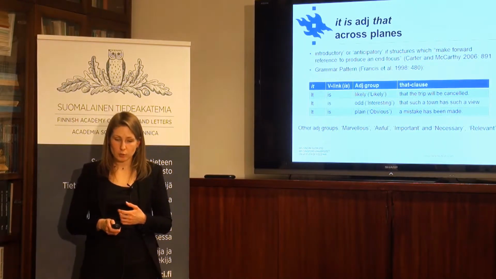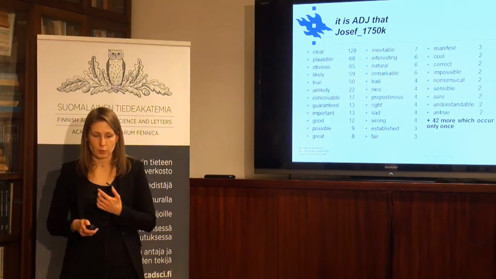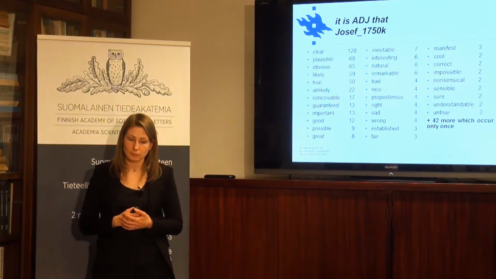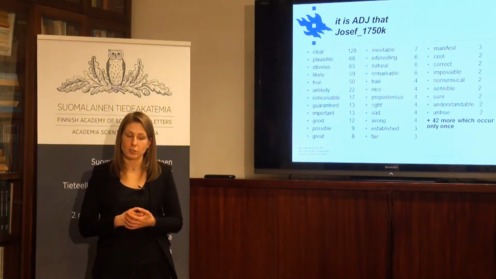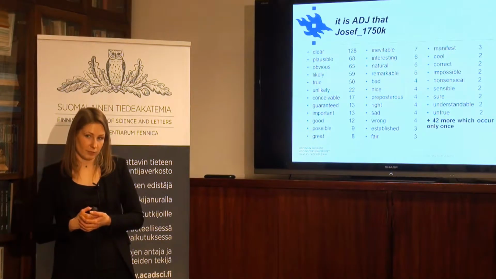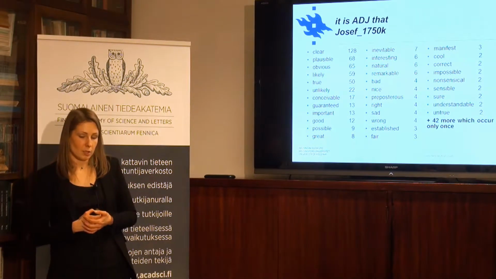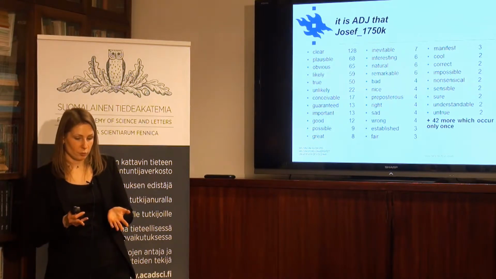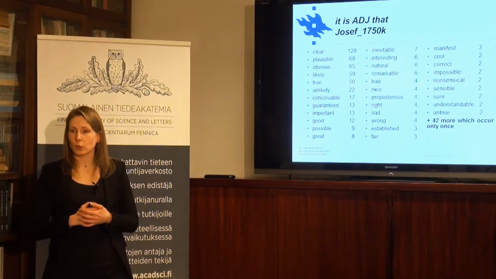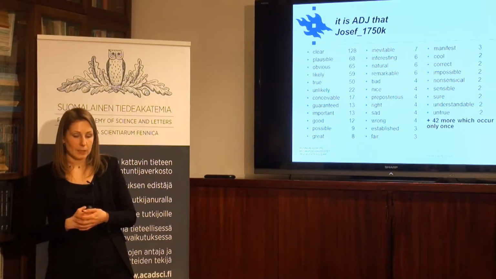So how is it distributed in individual languages of the corpus? When we look at Joseph's use of the construction that is adjective that, there are a lot of adjectives that he uses in these constructions. Most of them are shown on the slide, but there are also 42 more adjectives that occur only once in his usage.